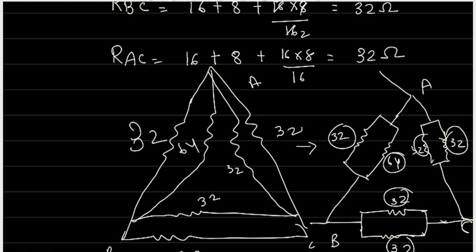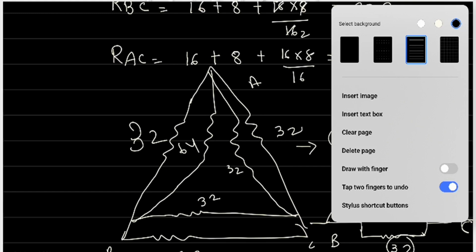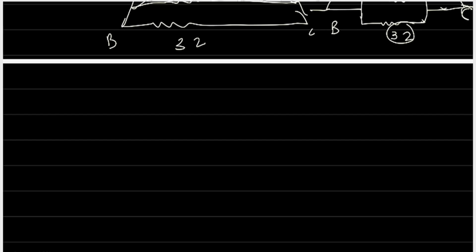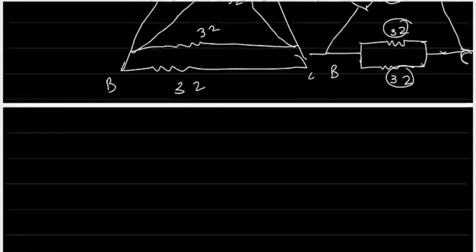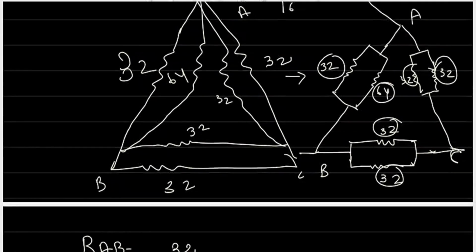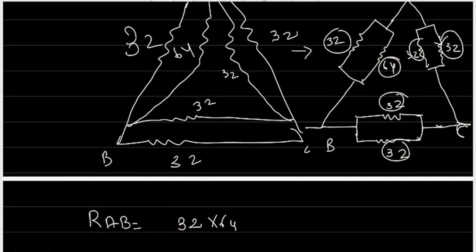that is R1 into R2 divided by R1 plus R2. We will get RAB equals 32 into 64 divided by 32 plus 64.